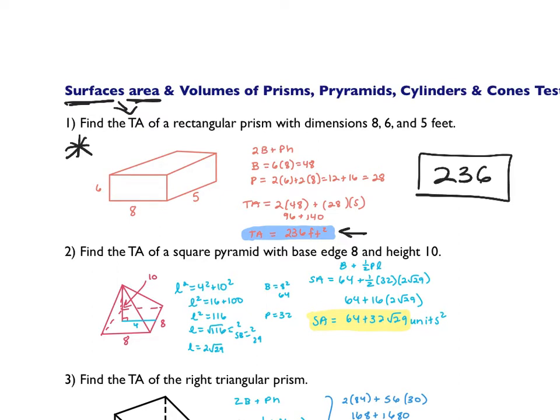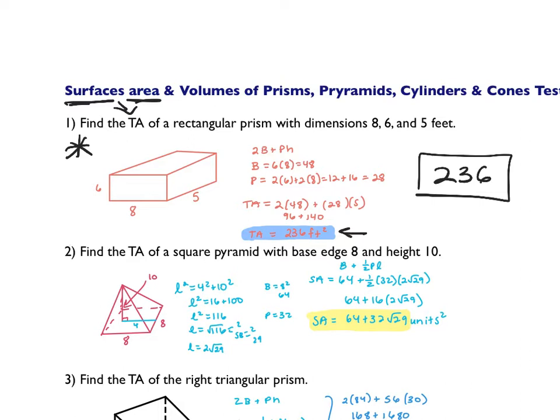All right. Miss Corey? Yes. If you have a question like that, where would you know to put the dimensions? Because I put the dimensions in a different place, but I still got the right answer. It says 8, 6, and 5, but I don't know which order, on the prism, to actually put that. You mean, oh, okay. All right.